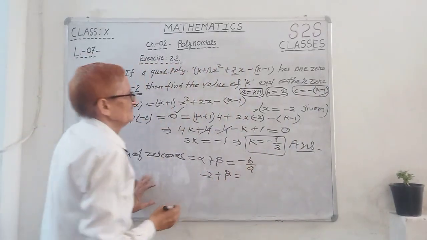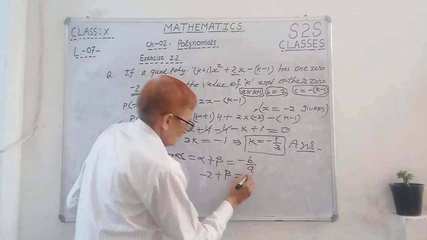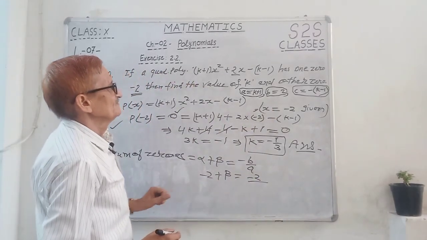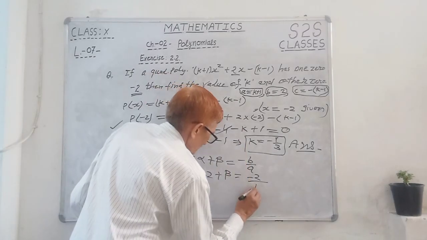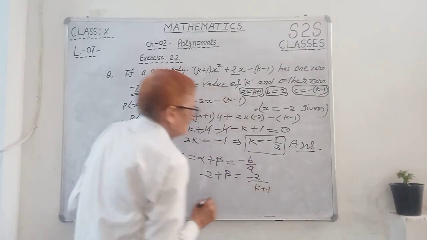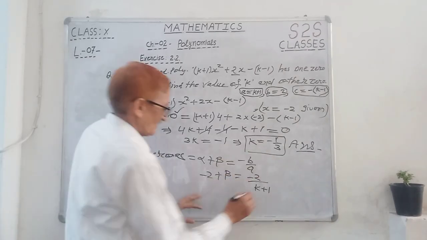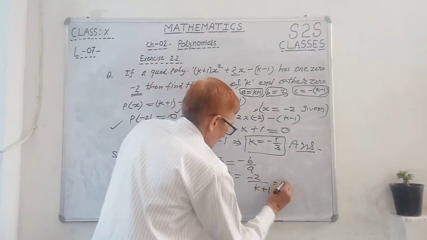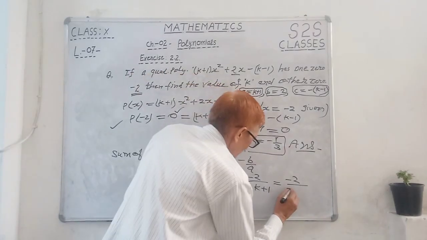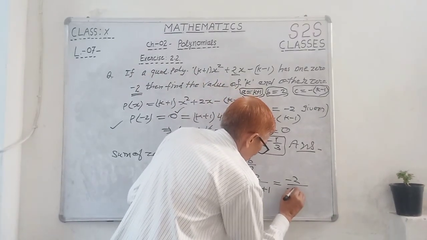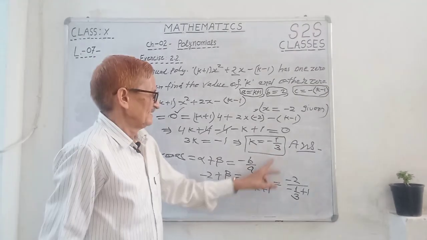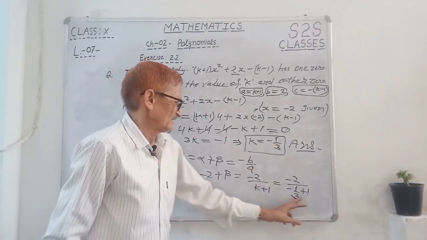Then minus b is 2, so minus 2 upon a is k plus 1. Now we have k, so put the value of k: minus 2 upon (k minus 1 upon 3) plus 1.